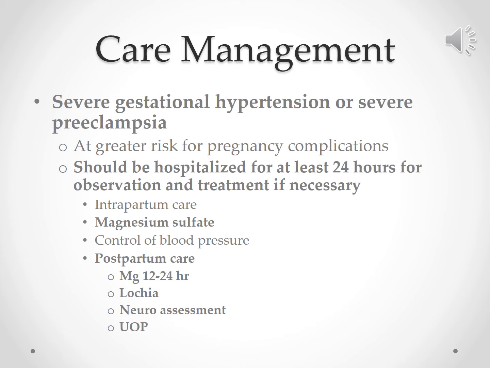If diagnosed with severe preeclampsia, the woman should be hospitalized for at least 24 hours for surveillance of both her and the fetus. So we will have EFM going for continuous fetal surveillance. She's going to have vital sign checks, neuro checks, abdominal assessments looking for uterine, epigastric, or right upper quadrant pain.